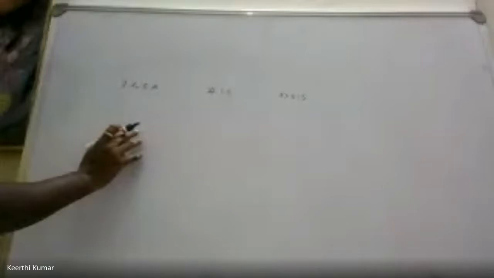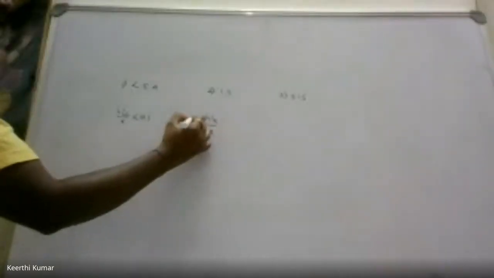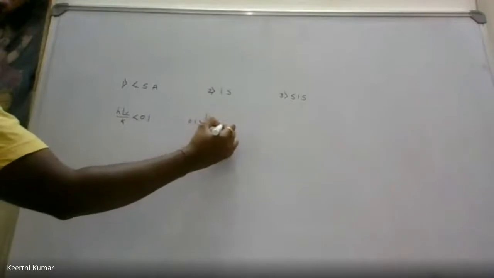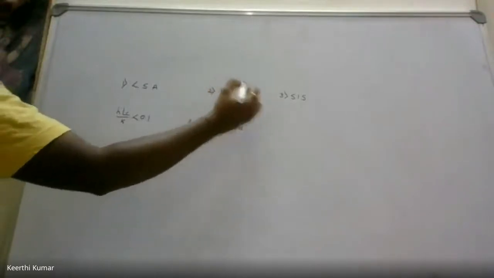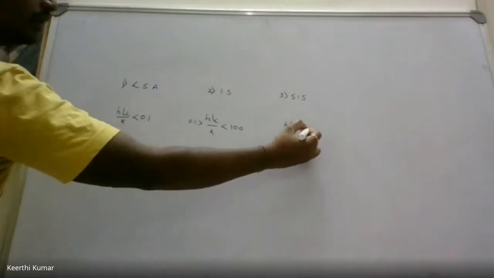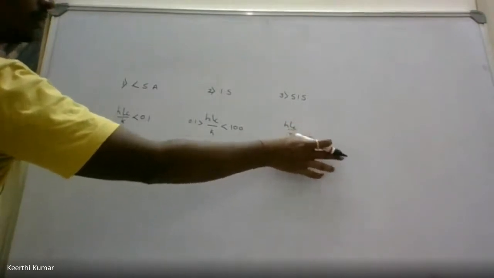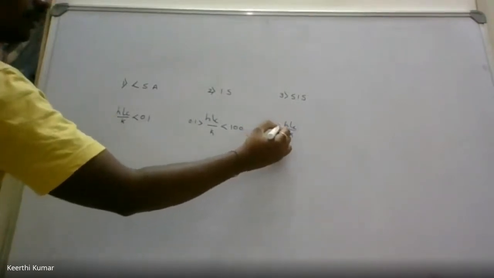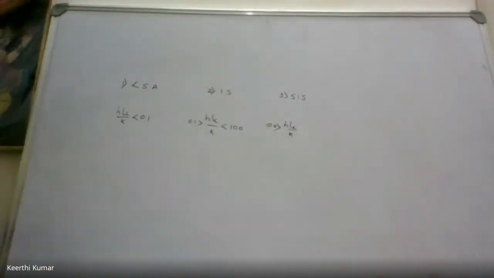We are going to find if hLc by k is less than 0.1. If hLc by k is greater than 0.1 and less than 100, we'll go for infinite solids. If hLc by k is greater than 100, then we'll go for semi-infinite solids.